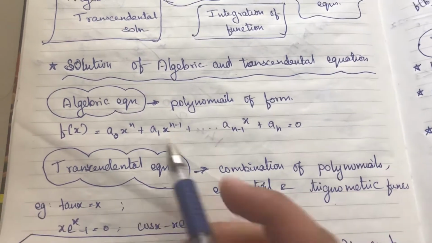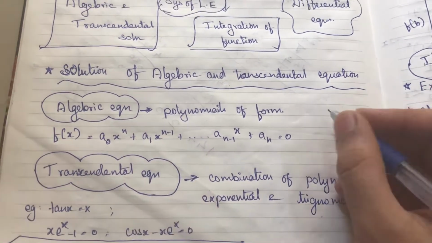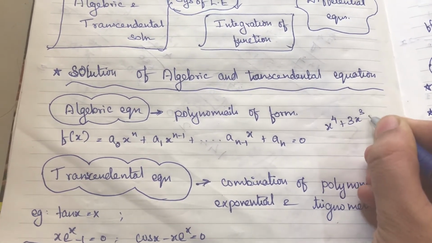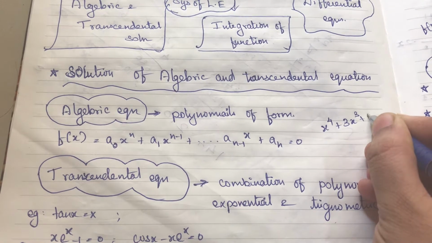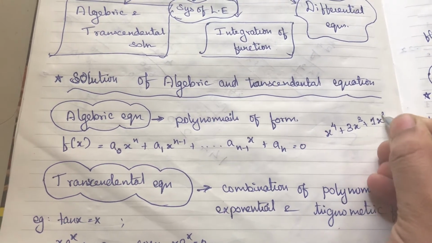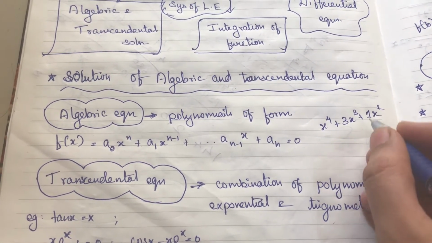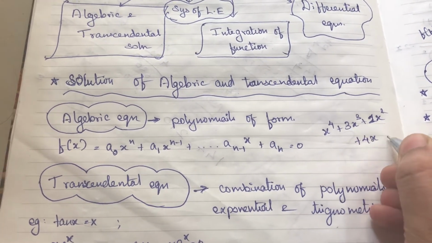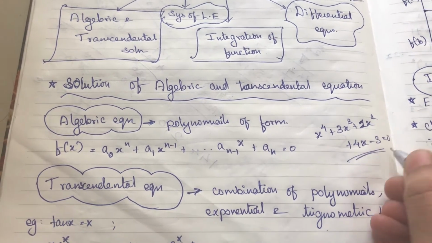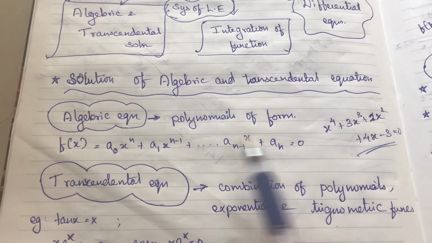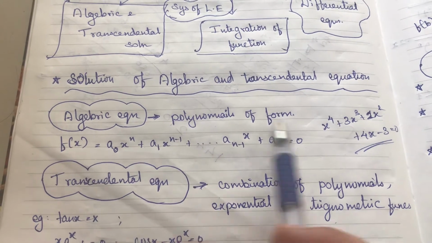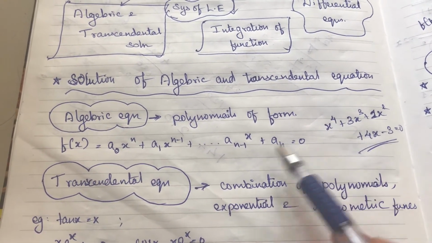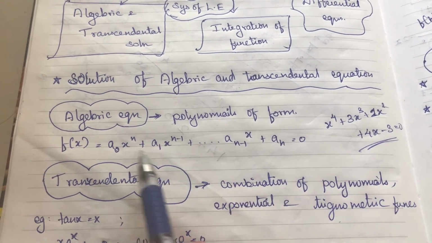So this is the form for an algebraic equation, like x power 4 plus 3x cube plus x square plus 4x minus 3, which is equal to 0. So this is called an algebraic equation, and it contains a polynomial. Here it is x power 4, but it can be x power n. So this is the form.